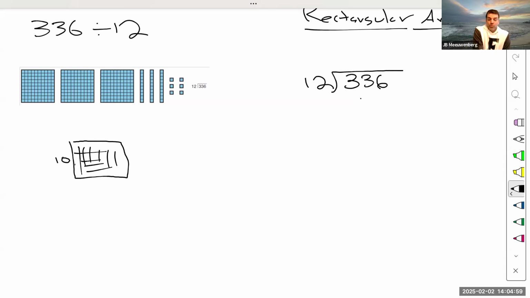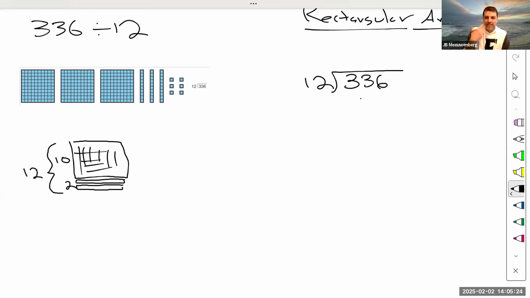But what I really need, because I'm dividing by 12, is I need to add on one of those flats down here and then another flat down here. Because this then would give me the extra 2 that I would need to make 12. So by stacking those, we now have a height on a rectangle of 12, okay?